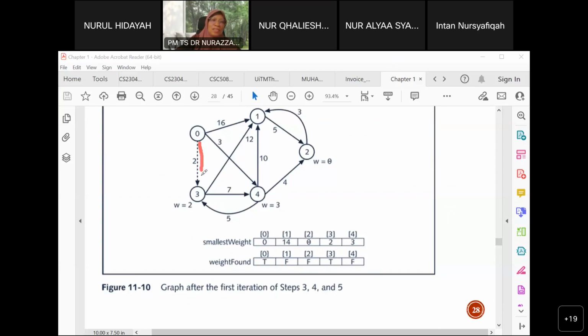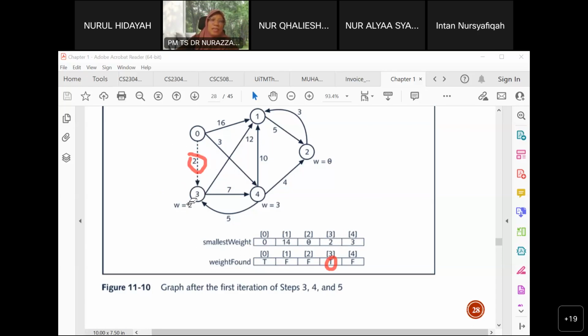That means ini yang smallest weight lah daripada 2, 3 dan 16 tadi kan. So that's why dia tandakan true kat sini, 3. That means dia dah found lah. After one iteration tu, dia dah jumpa yang smallest weight lah from 0 to 3. Sebab nak pergi 3, sekarang itu adalah yang smallest lah.